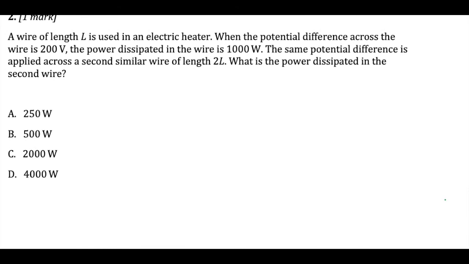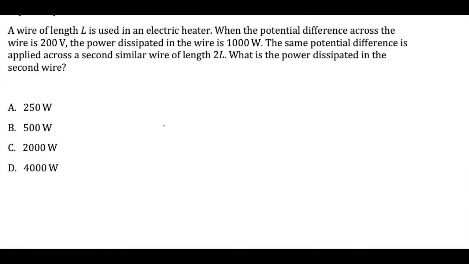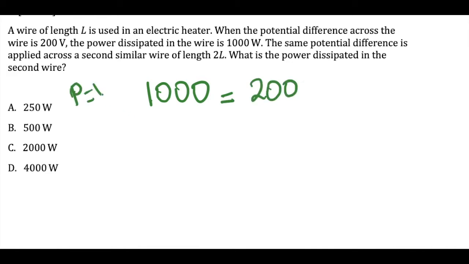So in question 2, we have an electric heater and we're given power as 1000 watts when the voltage is 200 volts. Now for this, I'm using the V squared over R version for power because I'm relating power and voltage, and when the length is changing, the resistance is changing.